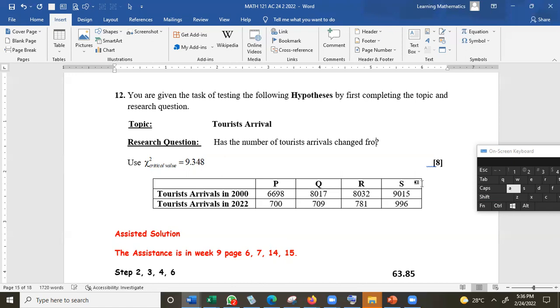Is the number of tourists... is it normally good to start a sentence with "is" now? I don't think so.